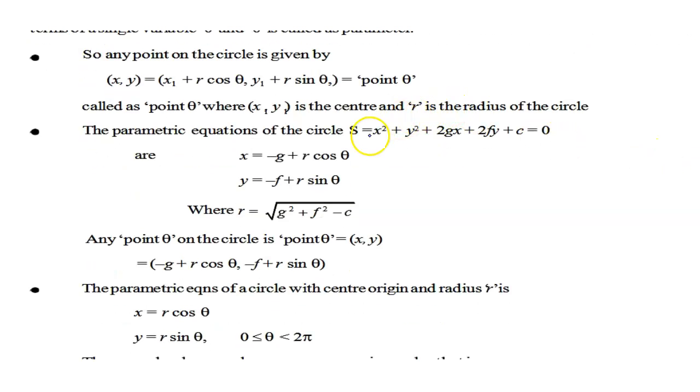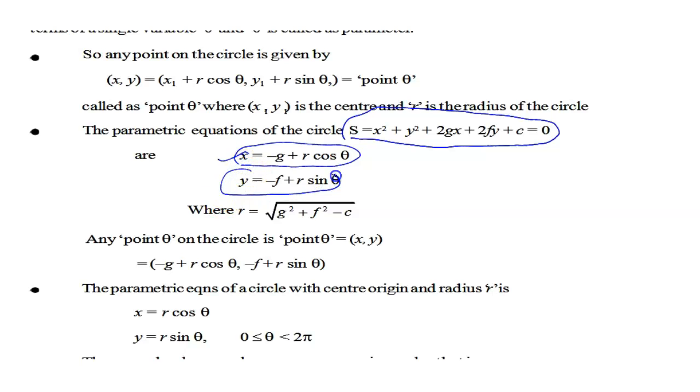If the equation is in general form, x square plus y square plus 2gx plus 2fy plus c is equal to 0, then we can take the parametric values as x is equal to minus g plus r cos theta and y is equal to minus f plus r sin theta. Okay, right.